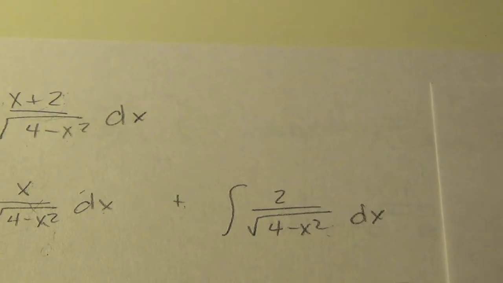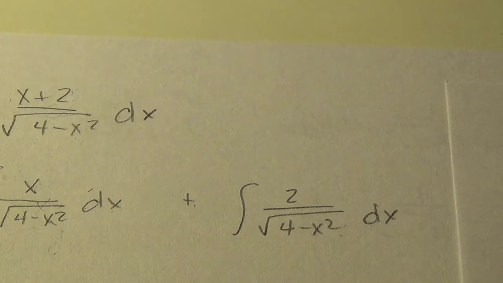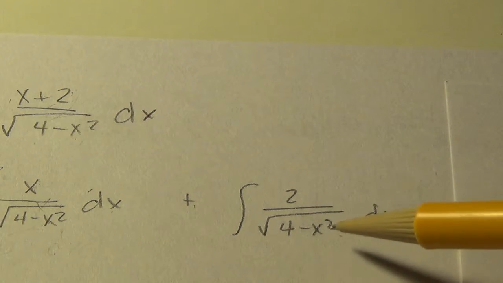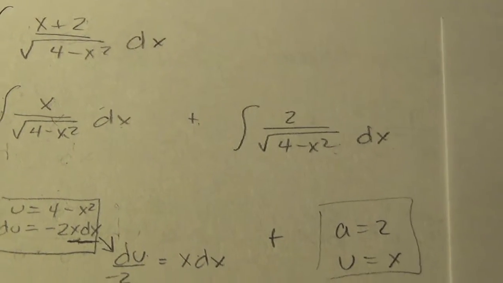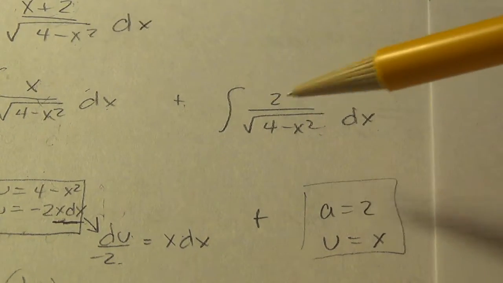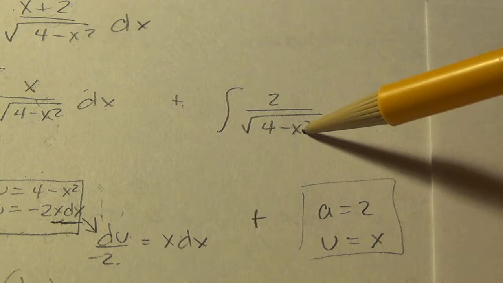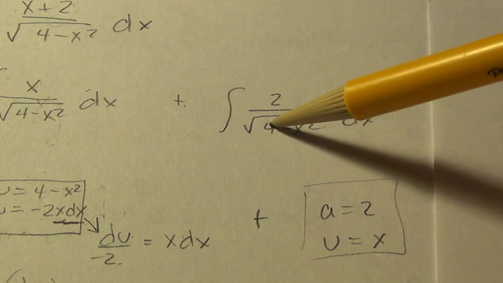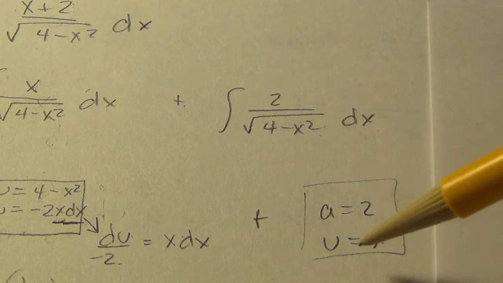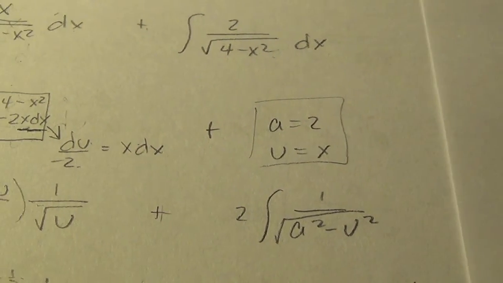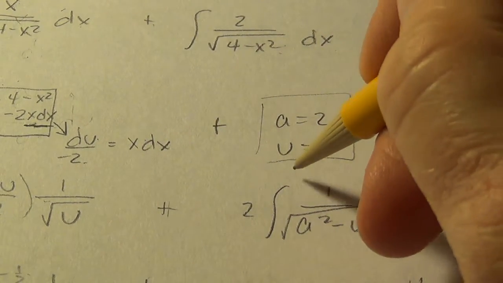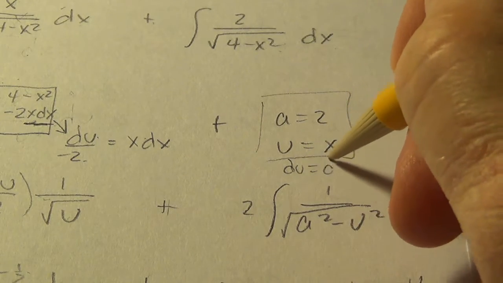Alright, let's go down the other side then. The integral of 2 over 4 minus x squared dx. If I'm looking for inverse trig, I say a is 2, so it'll be a squared minus u squared, u is x, and I should say du is dx.